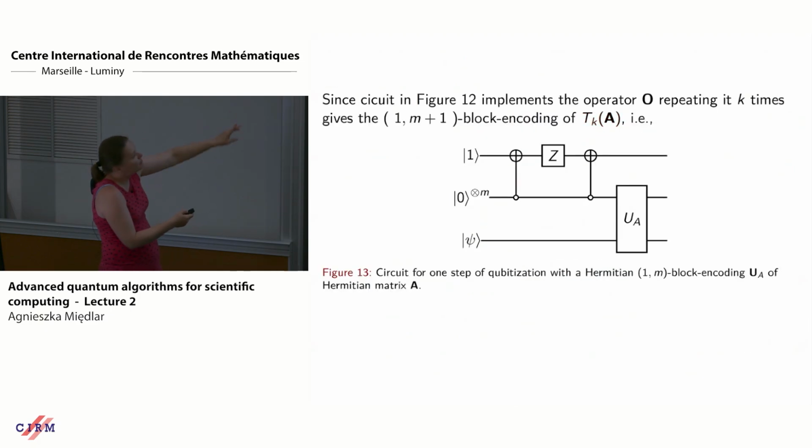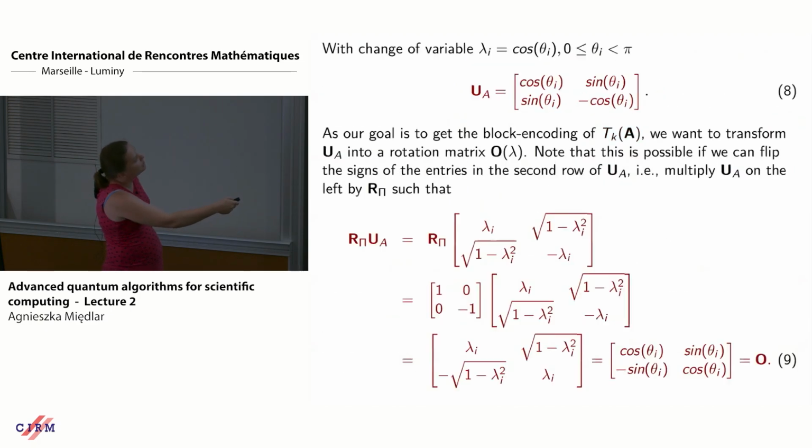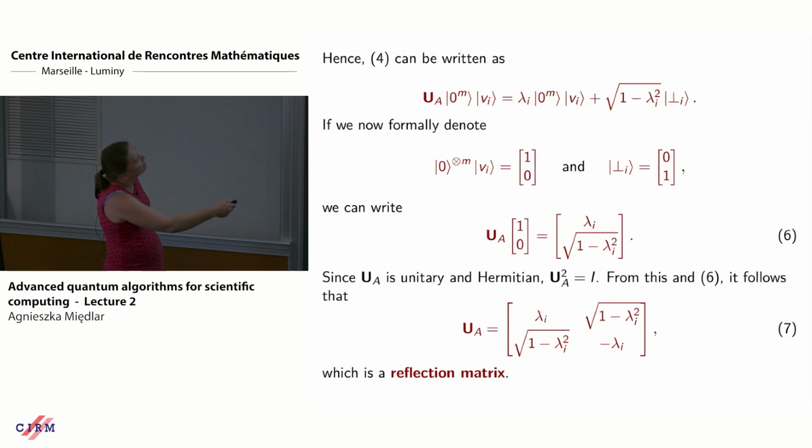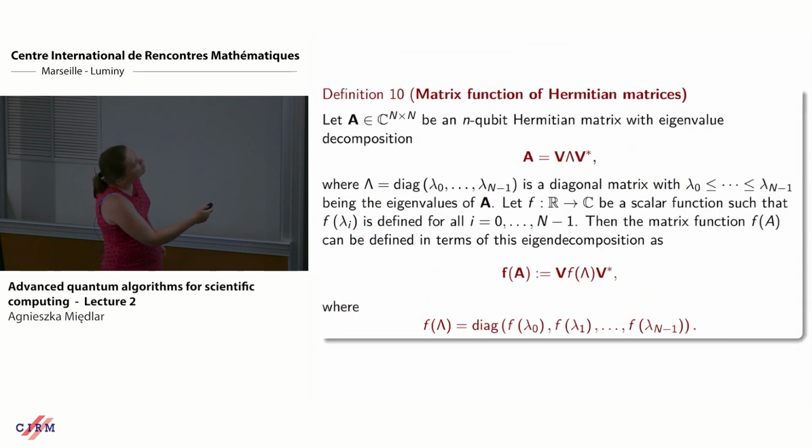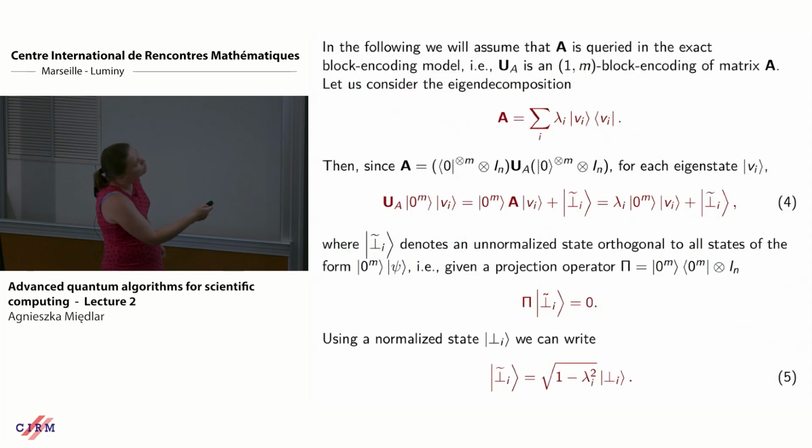But here the idea is, just to go back, sorry, the initial assumption is that you have access to the block encoding. The other part will be how to incorporate the block encoding procedure into this, and we will talk about that later. If that's not clear later, just ask me after.